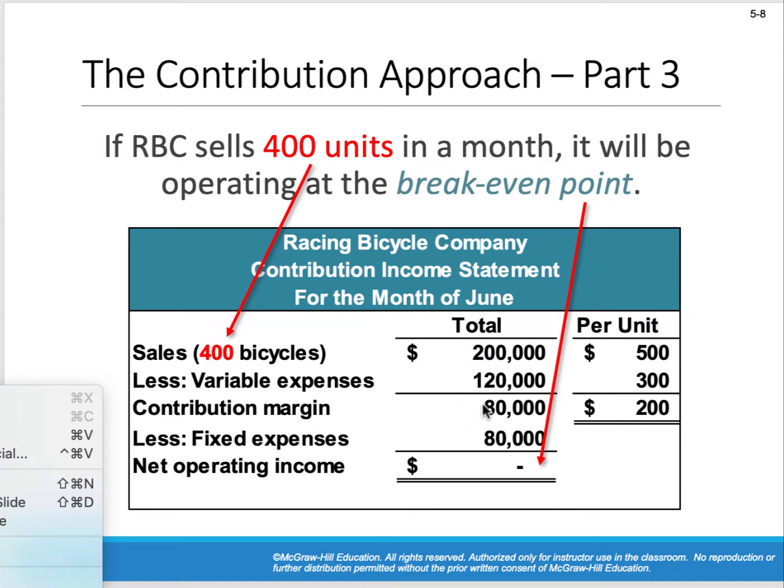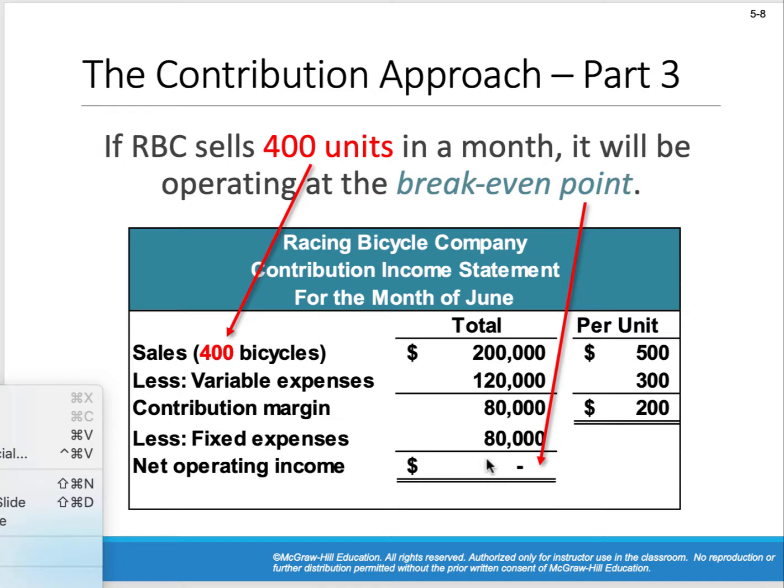Hopefully you can see my mouse here. So we're taking our sales, subtracting out our variable expenses. We have a contribution margin of $80,000, right? This $80,000 in contribution margin goes to cover the fixed costs and provide a net operating income, right?